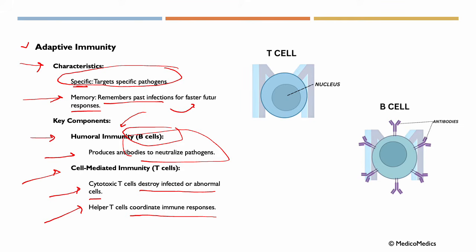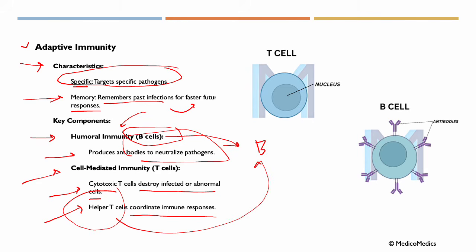So just briefly, our B cells, right? They recognize antigens that sit on the target cell, and it undergoes activation. Usually there is a T helper cell involved in the activation of a B cell.